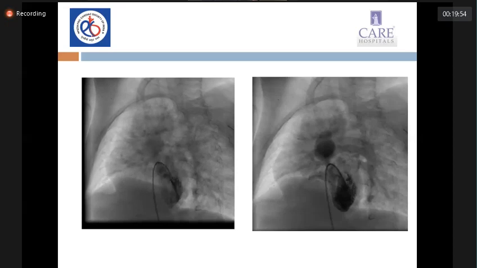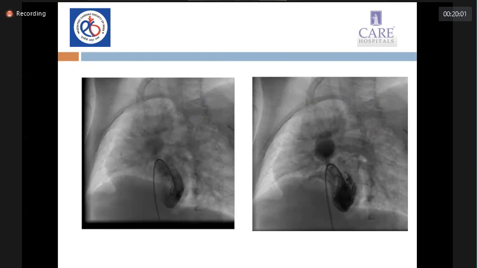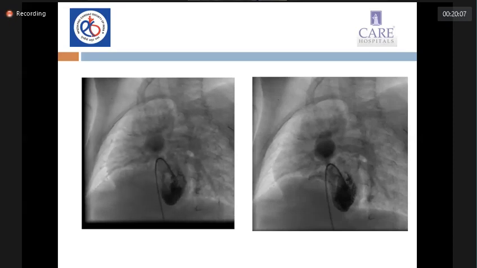Sir, the effective pulmonary blood flow will depend upon the amount of pulmonary stenosis, and it will also depend upon the interventricular communication, sir. Effective pulmonary blood flow will not be decided by the pulmonary stenosis. Please remember that.